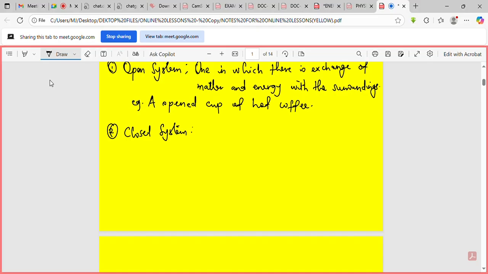But since you are not smelling the scent, it means there was no exchange of matter. That makes the system a closed system. So in a closed system, there is exchange of heat, but not matter. So these are things you need to know. I hope you are clear.